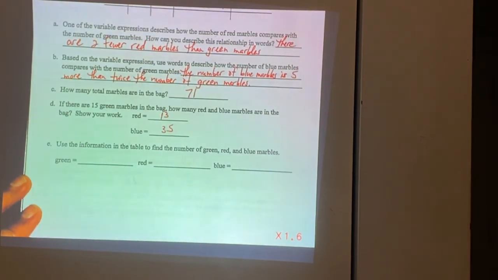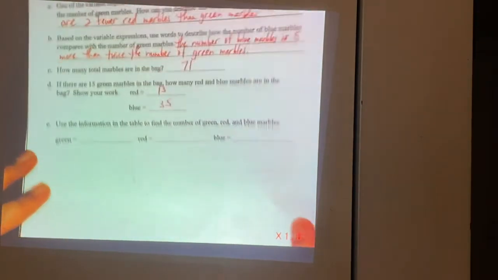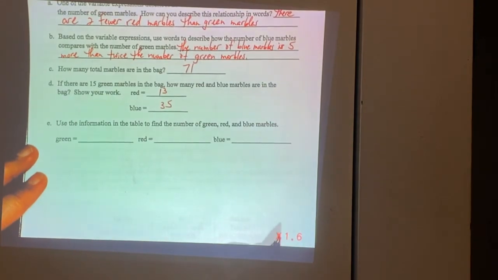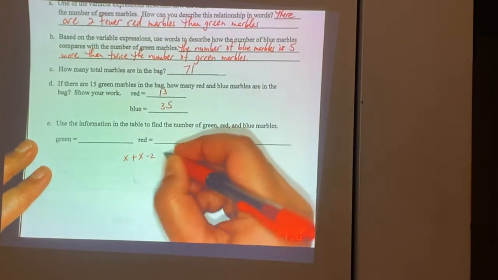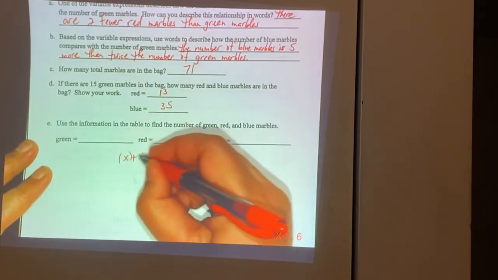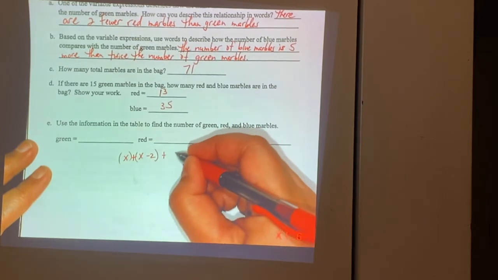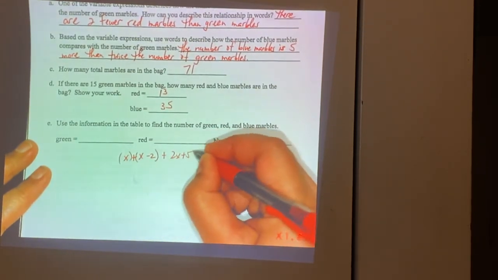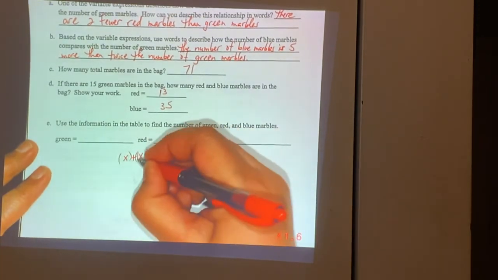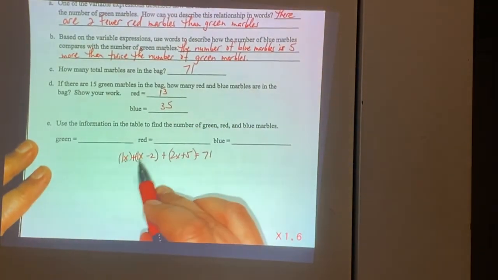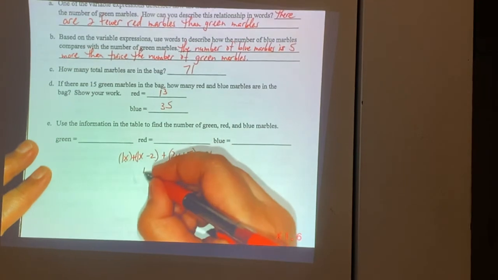Okay, so in my table, I have x plus x minus 2. I'm going to go like this because this helps me visualize. Plus 2x plus 5 equals 71. Okay, if I put 1s in front of my x's, let's add them up. 1, 2, 3, 4. 4x.